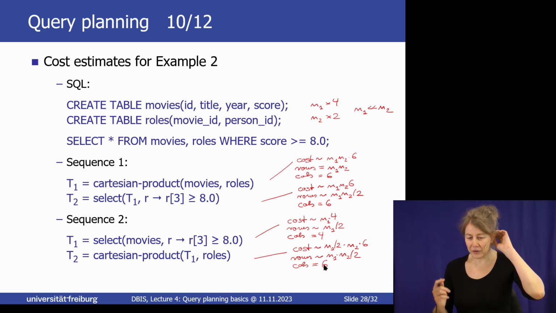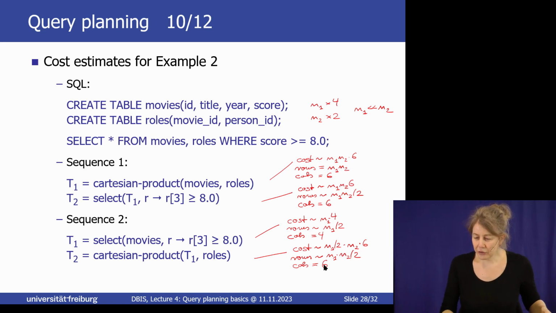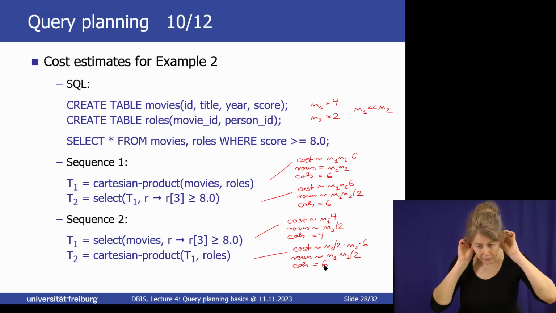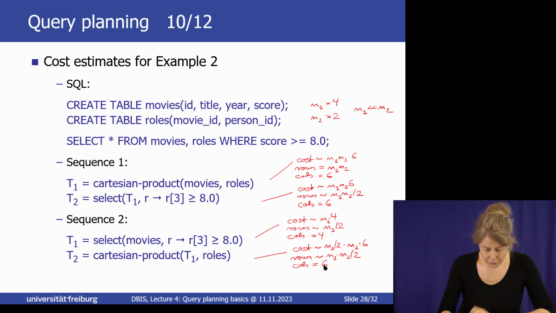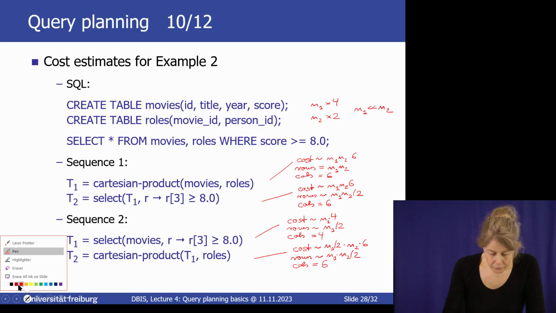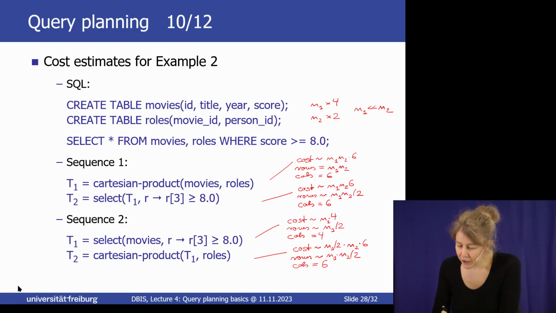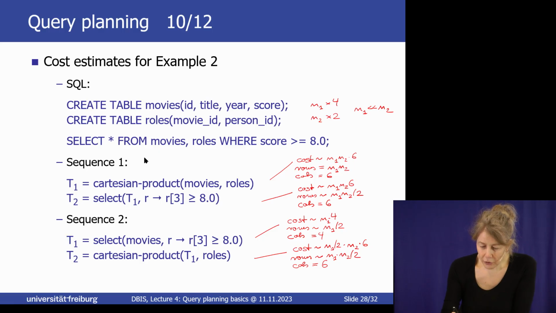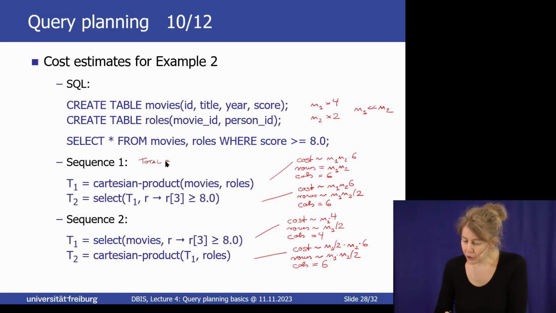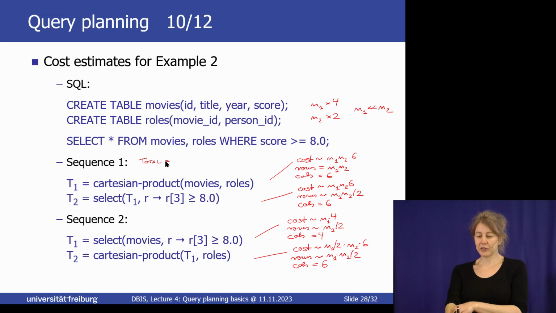Okay, and so let's just write the total. So what do we have here? So total. What's the total cost of the first sequence?